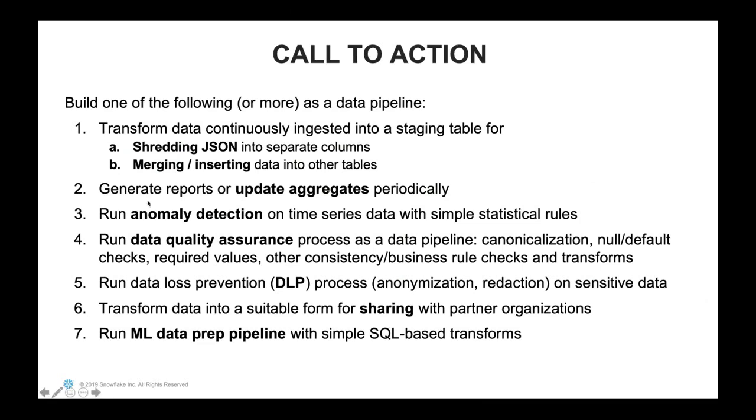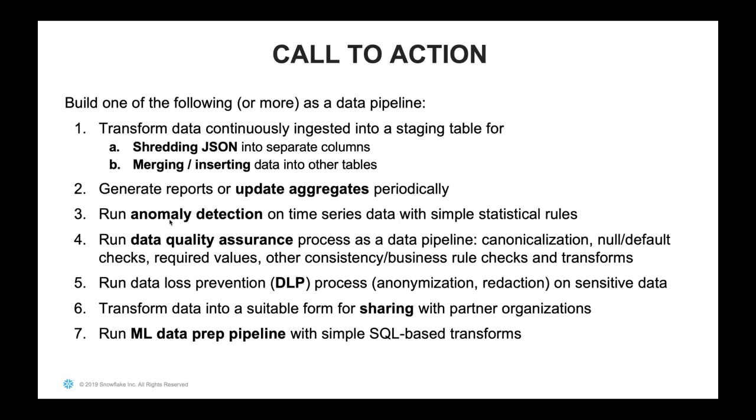Perhaps detecting anomalies inside your data and gathering simple statistics could be a use case. I've seen customers start to think about putting data quality assurances and at times maybe even redacting data as part of a task logic. And also transforming data before you share it with an external party using Snowflake's data sharing capability.